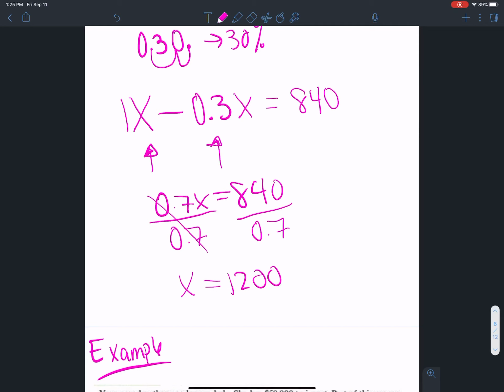So I was able to do that real quick, but again, you can't use a calculator, so if you forgot how to divide by a decimal, all you would need to do is you have 0.7, get rid of that decimal. Okay, so if we move it, then right here, we have to add a 0. So it becomes 8400 divided by 7.